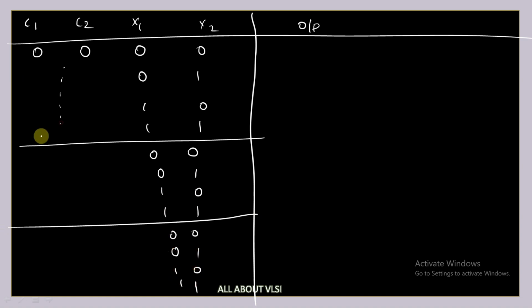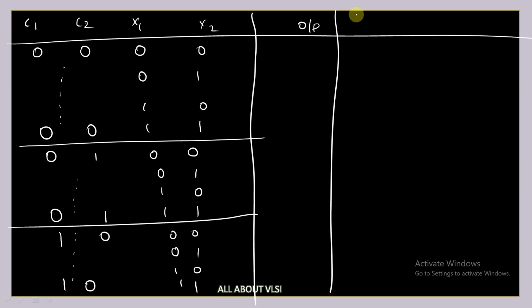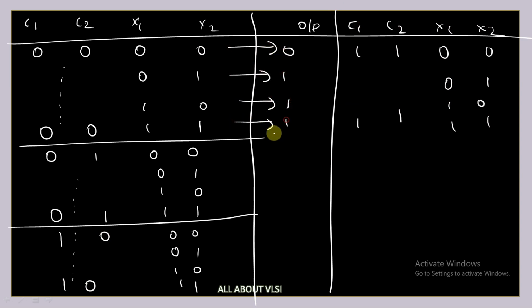This is the same up to here, then it will be 0 1, and this will be 1 0, and the next set will be 1 1. So C1 C2 X1 X2. If it is 0 0, we perform the OR operation, 0 1 1 1, and here we perform the XOR operation, 0 1 1 0.